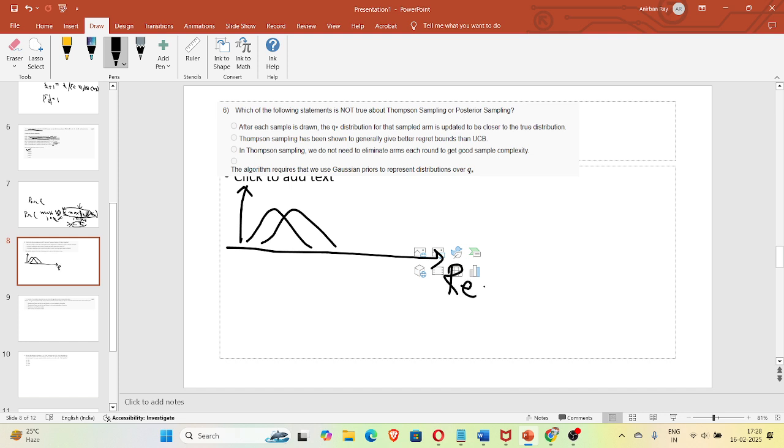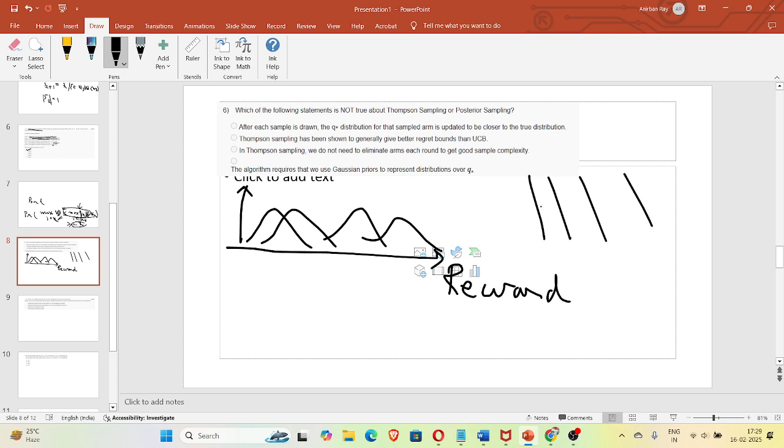This is the reward versus probability density graph, and this is the illustration from the class as well. These are the probability distributions of the arms.